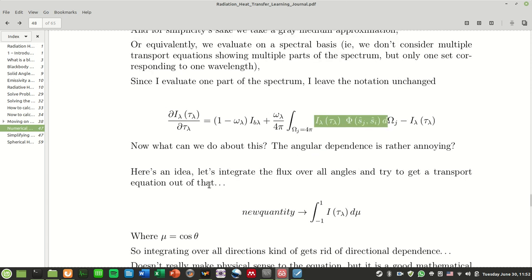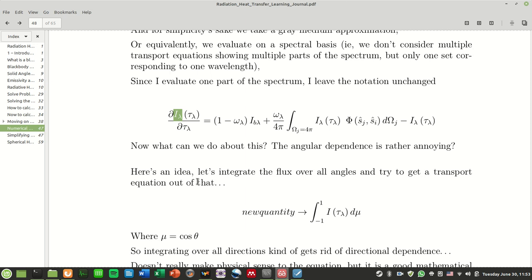Let's try to integrate this intensity over all angles and try to get a transport equation out of that. So instead of calculating an equation in terms of this intensity, because this intensity has direction involved, we can integrate out this direction and just ignore the direction completely, so to speak.